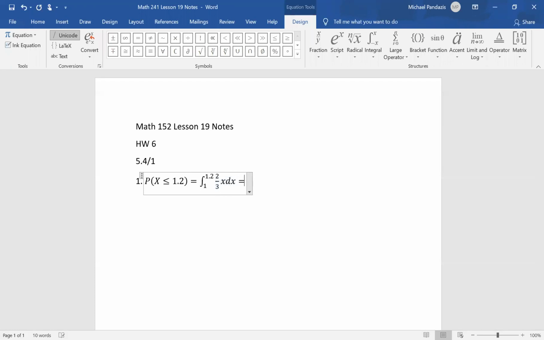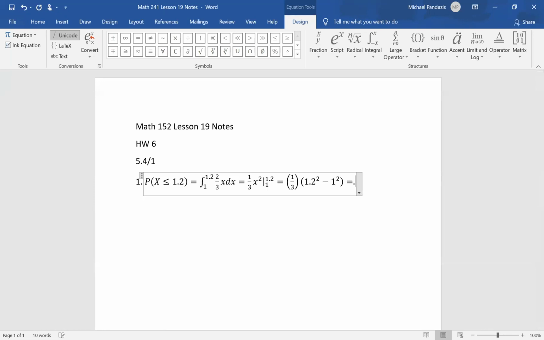You could calculate that, and you get 1/3 x squared as an antiderivative. You evaluate that from 1 to 1.2, so you get 1/3 times 1.2 squared minus 1 squared, which is 1.44 minus 1.